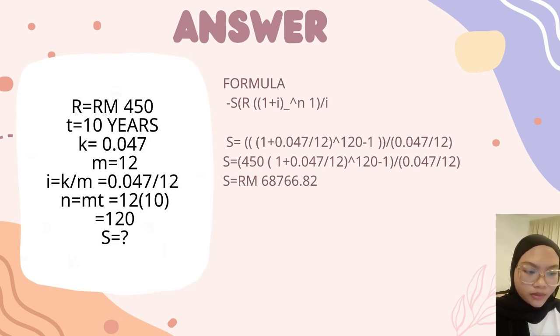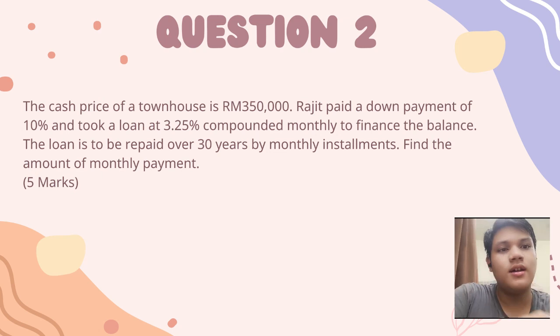So S equals 450 open bracket 1 plus 0.047 over 12 close bracket to the power of 120 minus 1 over 0.047 over 12, and we are going to get the final answer, which is 68,766.82 ringgit.